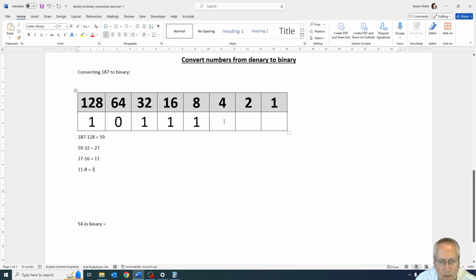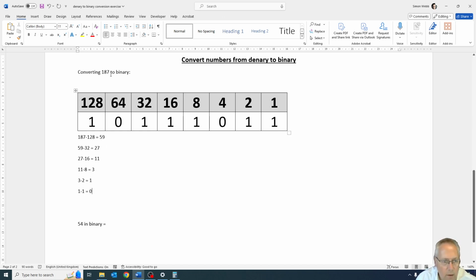Is 3 bigger than 4? No, it's not. Is 3 bigger than 2? Yes, it is, so we put a 1 in there. Then 3 minus 2 is equal to 1. Is 1 bigger than or the same as 1? It's the same, so we get a 1 in there. Just to round off the calculations, 1 minus 1 equals 0.